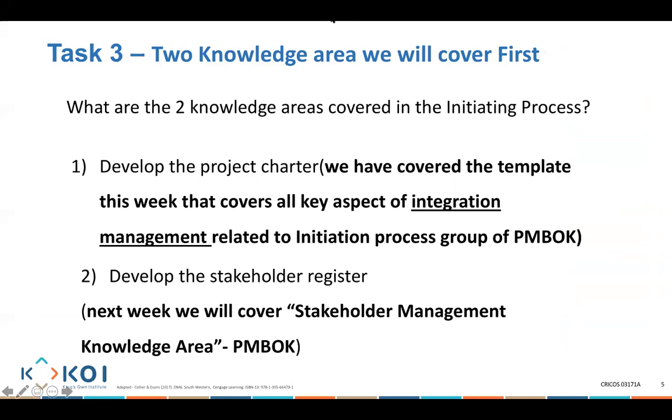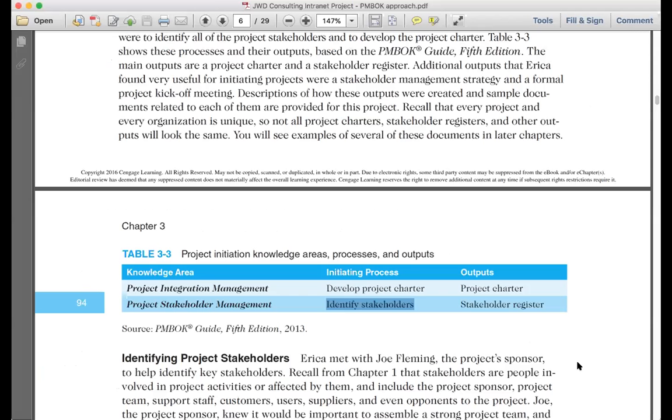We have covered the template. So if you read the JWD case, and look at what we've covered as part of your lecture, you will notice we gave you an example of how to write a project charter. So I'm going to open the materials for today so I can show you.